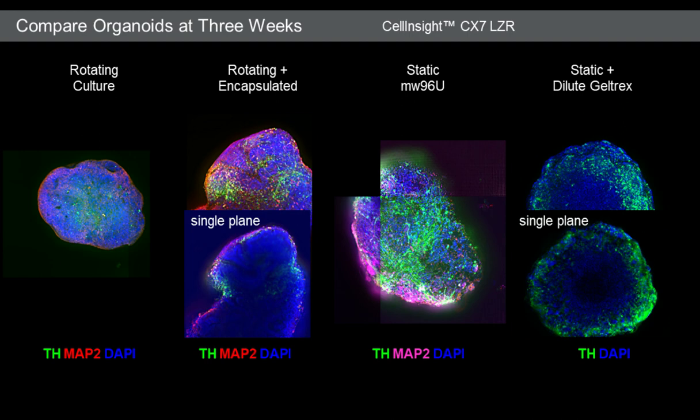Finally, the addition of dilute Geltrex to the static organoids produces a more regular shape that gives a convoluted outer layer with abundant TH-positive neurons. I don't have MAP2 staining available on this yet, but I will soon. When looking at a single optical plane of this organoid, you can see how the dopaminergic neurons have cell bodies that are distributed across that deeply crevassed surface.